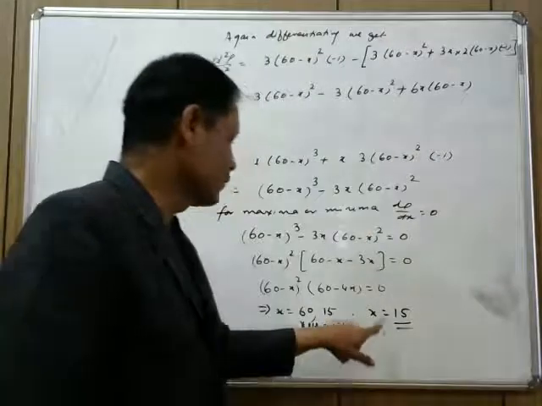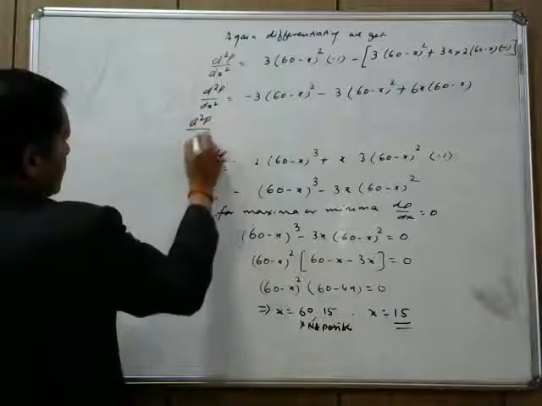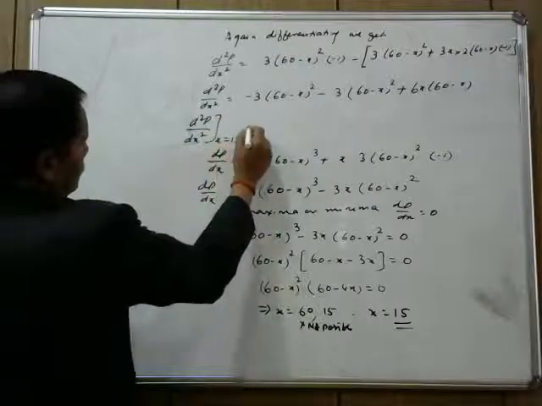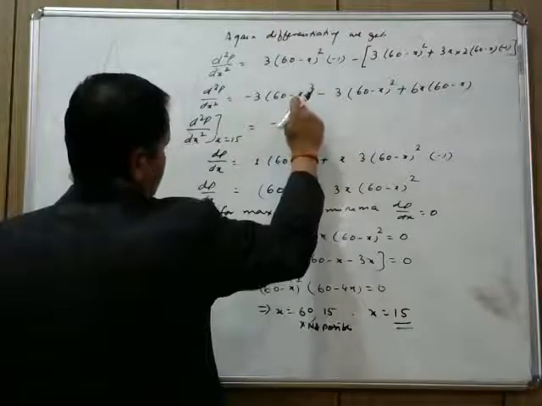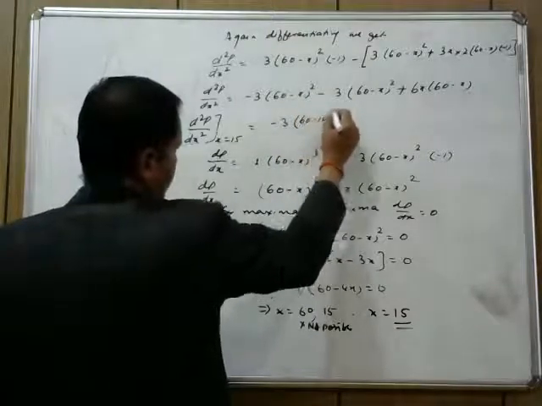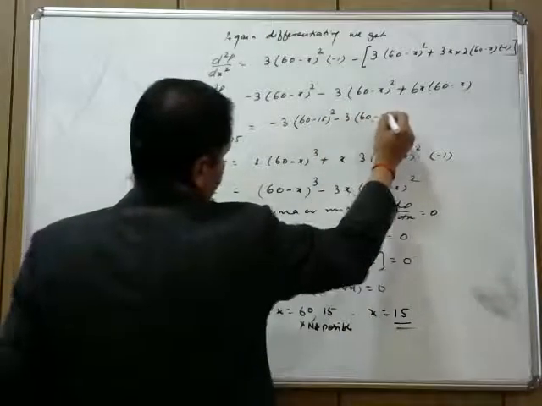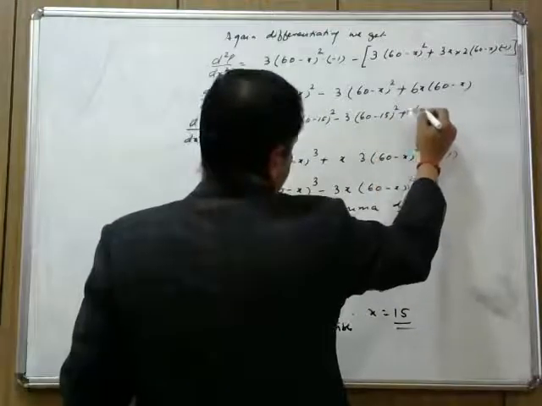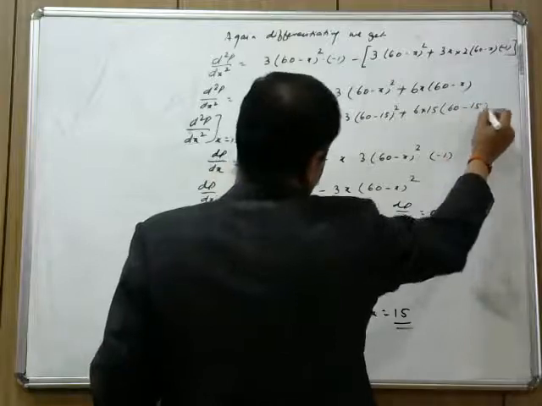If I now put the value of x equal to 15, d square p by dx square at x is equal to 15 will have minus 3 into (60 minus 15) whole square minus 3 into (60 minus 15) whole square plus 6 into 15 into (60 minus 15).